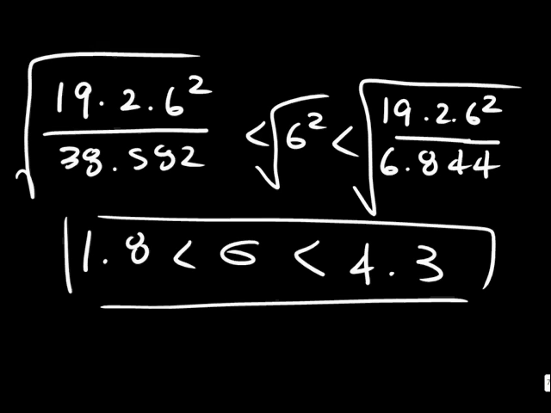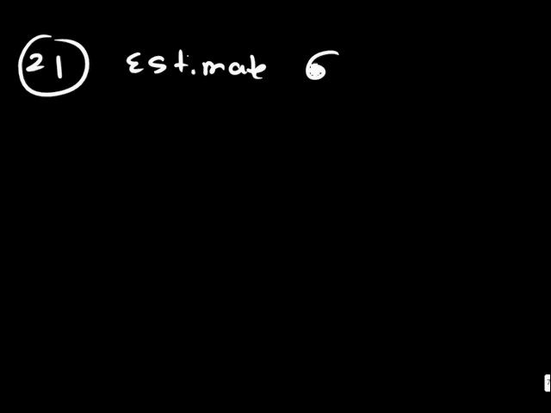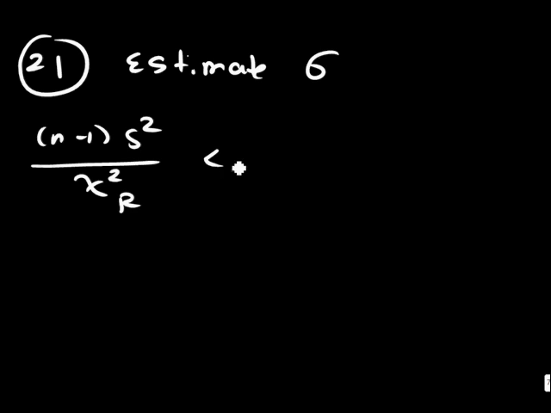Question 21. Question 21 again is to estimate a standard deviation. So we know it's n minus 1 s squared over a chi-square r value, which would be less than sigma squared, less than n minus 1 s squared over a chi-square l value.